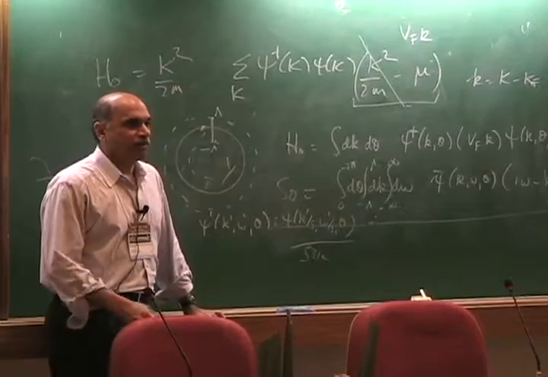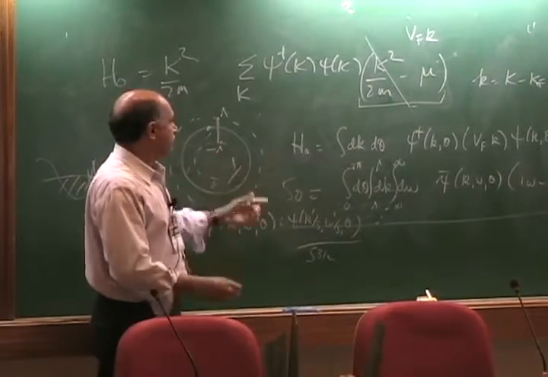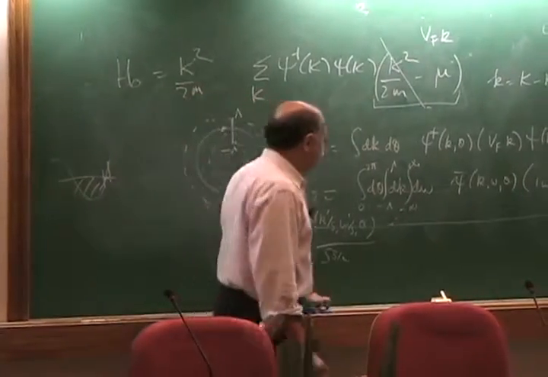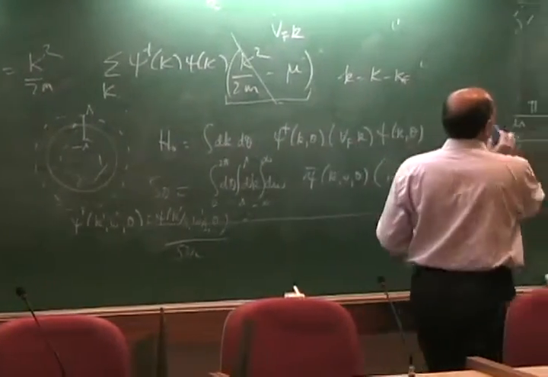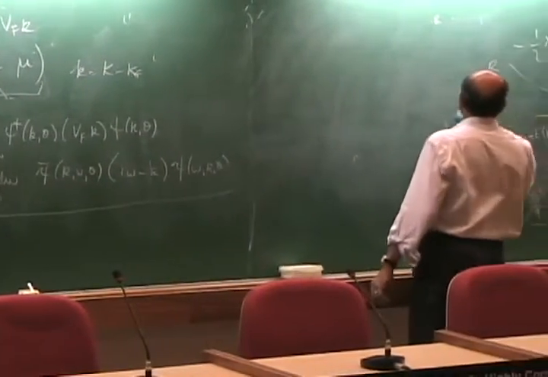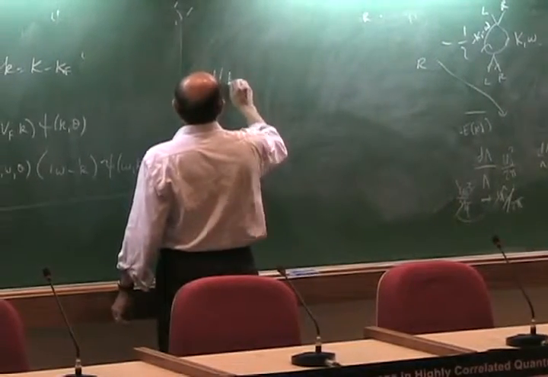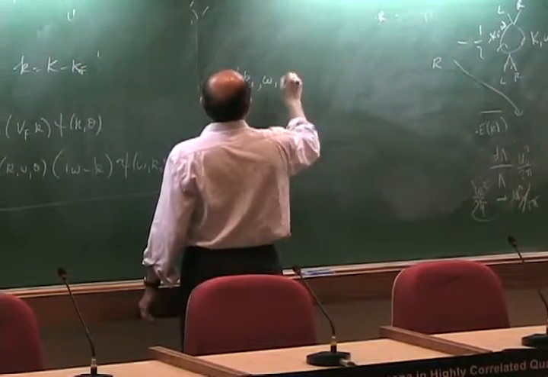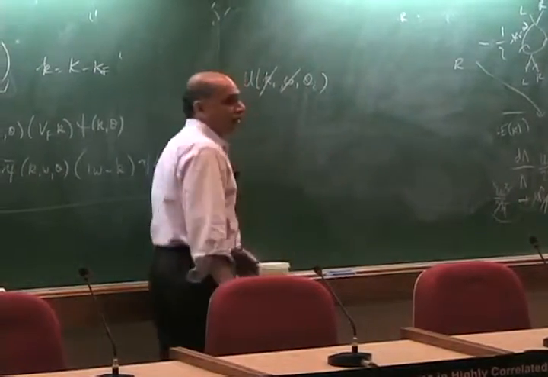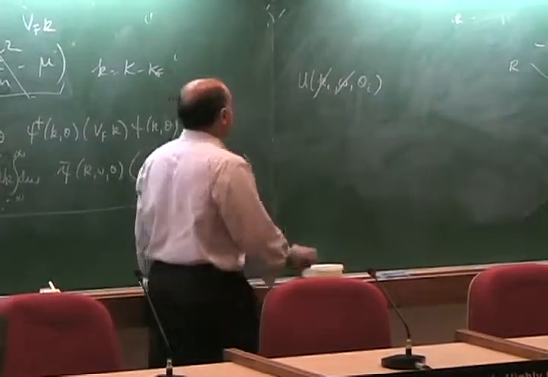Everything is the same because you replace an internal label which has two values by an internal label which is an angle. So then if you continue and say what happens to the coupling constant, the coupling constant u, which can depend on all the possible k's, all the possible omegas, all the possible thetas, will not depend on k, will not depend on omega, just like before, at free level.